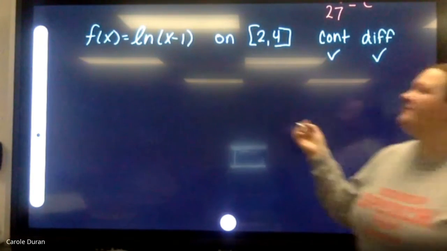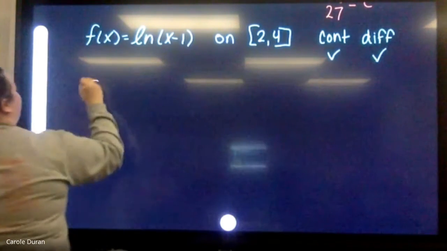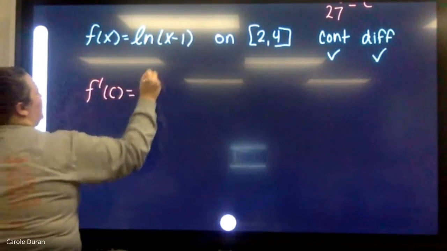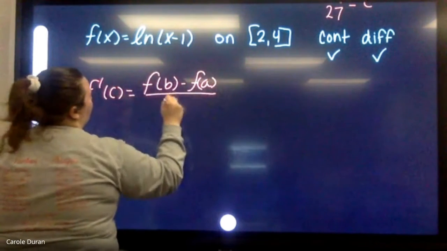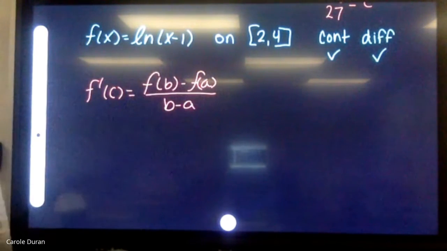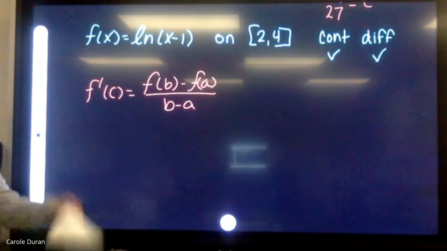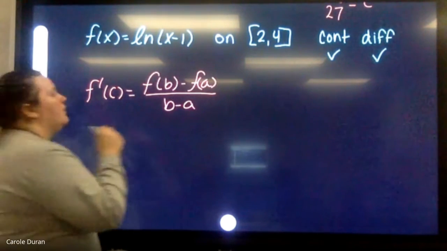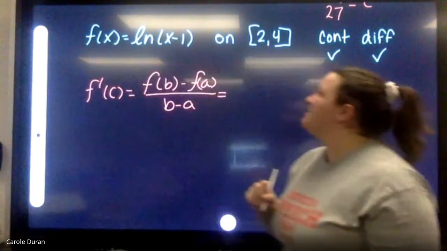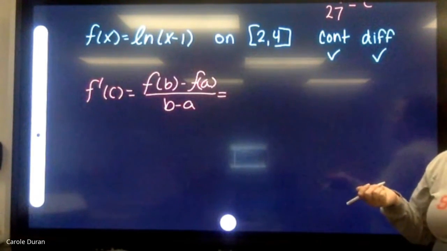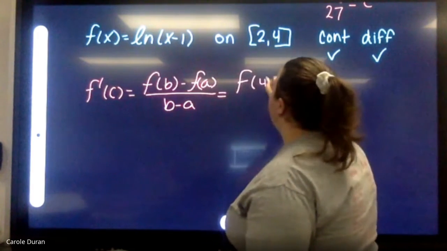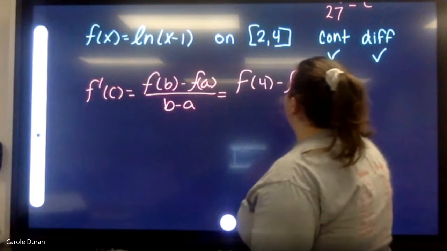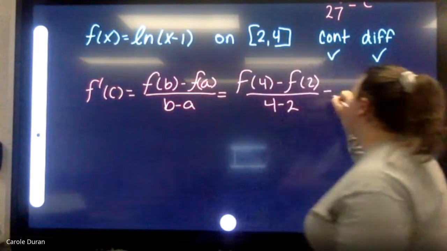The instantaneous rate of change equation: F prime of C equals F of B minus F of A over B minus A, where B is the right-hand side of your interval, and A is the left-hand side of my interval, because technically they're each an X associated with a different Y. So then I'm going to have F of 4 minus F of 2 over 4 minus 2.